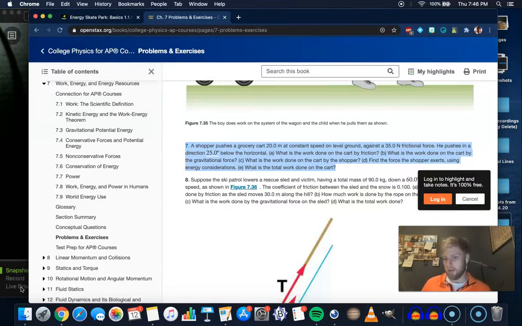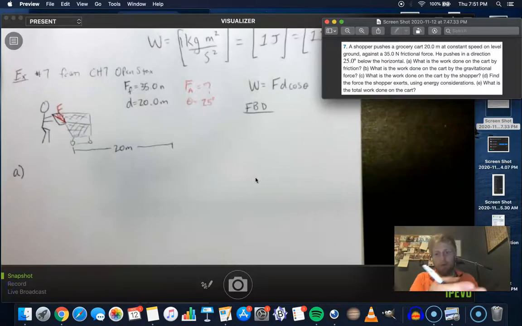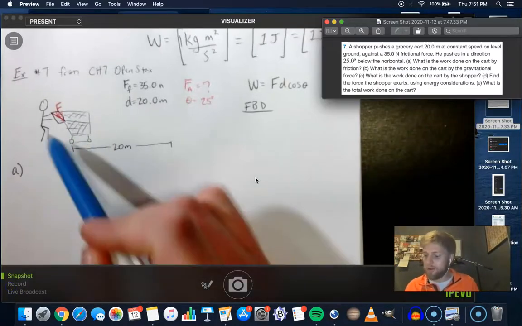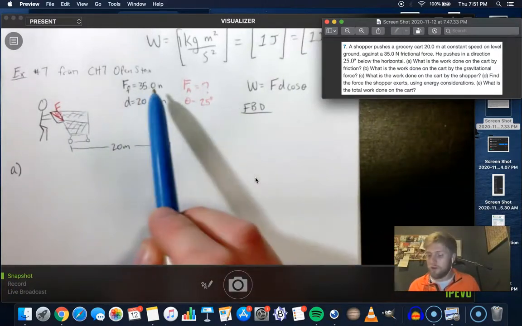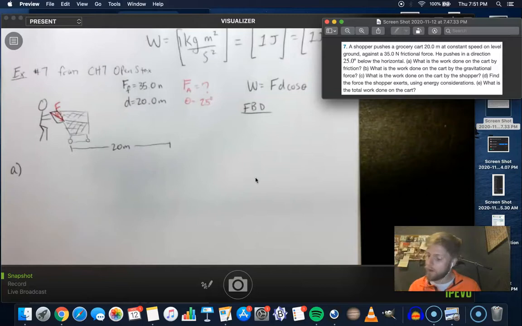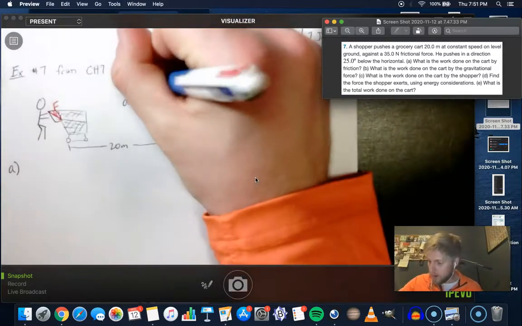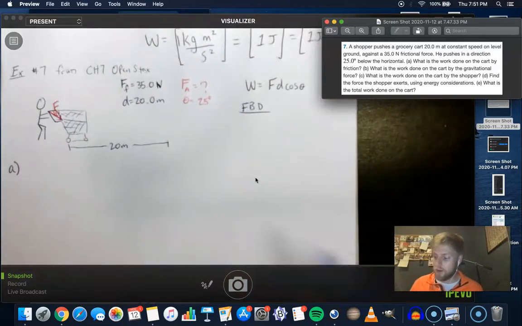So I'm going to draw the picture, or I'm going to screenshot that so you can see it on the page, and we're going to work through it. Alright, so here's my lovely sketch of a person pushing down at an angle of 25 degrees with unknown force. We do know that the frictional force acting against the cart is 35, that should be capital N newtons, and we're pushing for 20 meters.